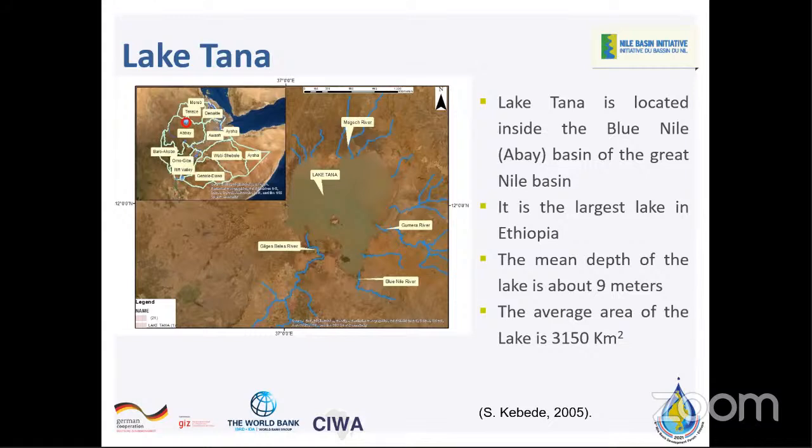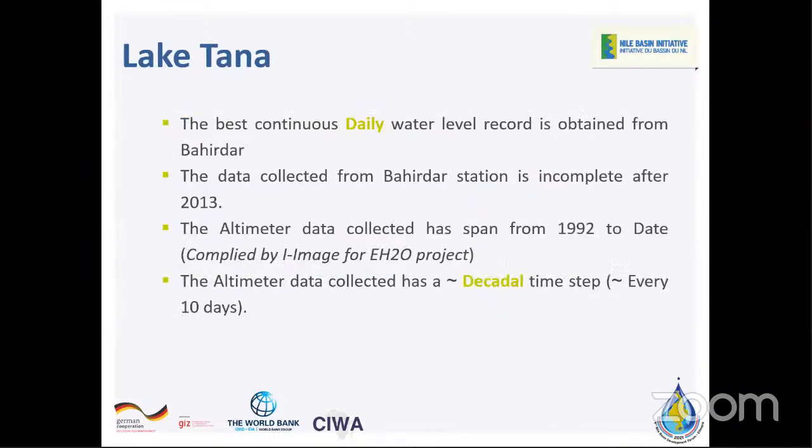What we found is that the initial estimation of the remotely sensed data was not actually that bad. The data interval was different. The observed data was daily, but the collected satellite data was decadal. So there was some difference between the intervals, and we aggregated the observed data to the decadal.